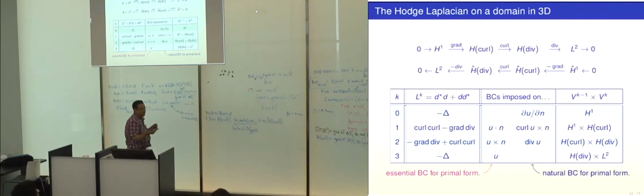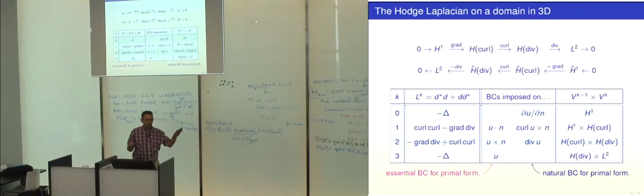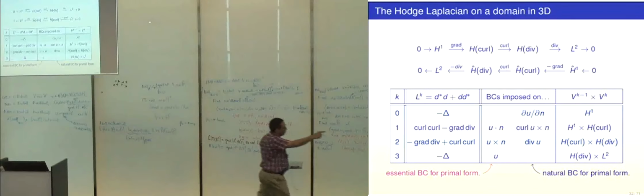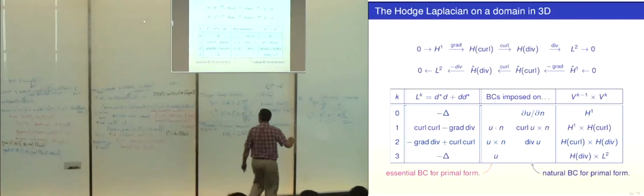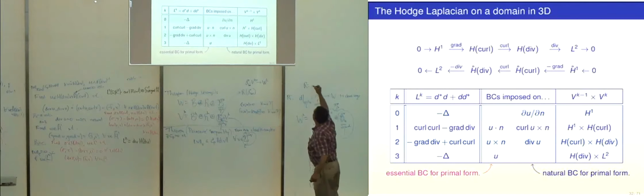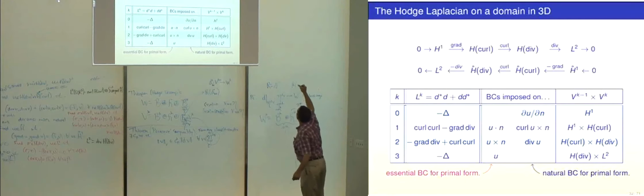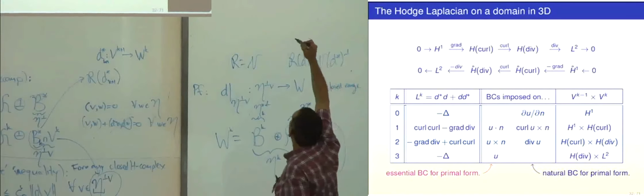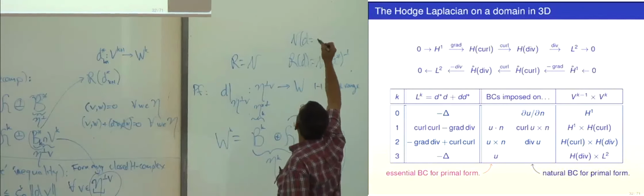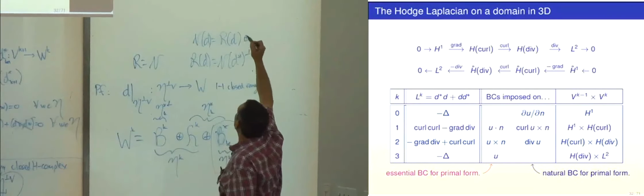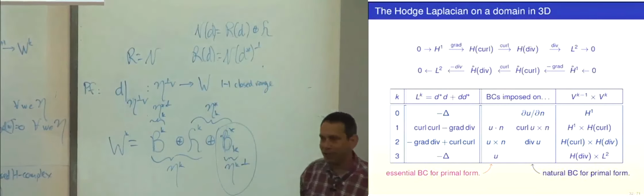So there are so many different ways to write these spaces because the null space of one is the range of the preceding one plus the harmonic forms. So the range of D is equal to the orthogonal complement of the null space of D star, and the null space of D is equal to the range of the previous D plus the harmonic forms. There are so many different ways you can write these things.